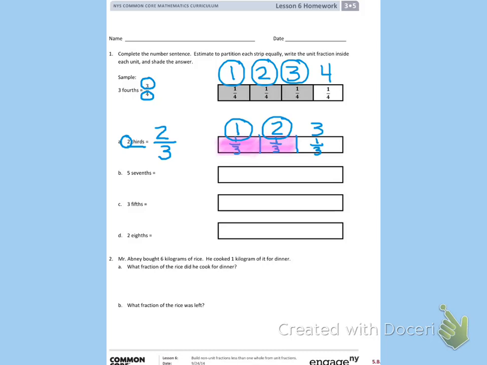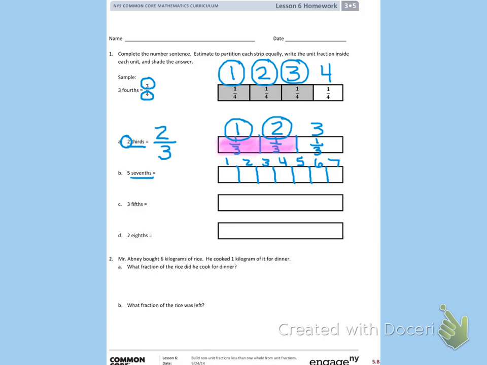Look at item B. It says 5/7. Sevenths is the unit form. That means I need to divide this rectangular strip into 7 equal parts. I will number them just to make sure I've counted correctly. 1, 2, 3, 4, 5, 6, 7.